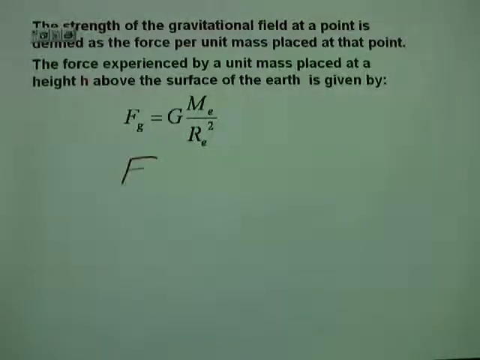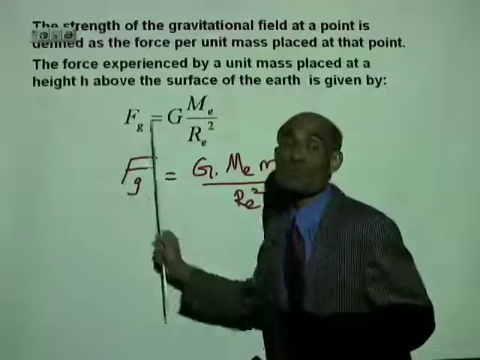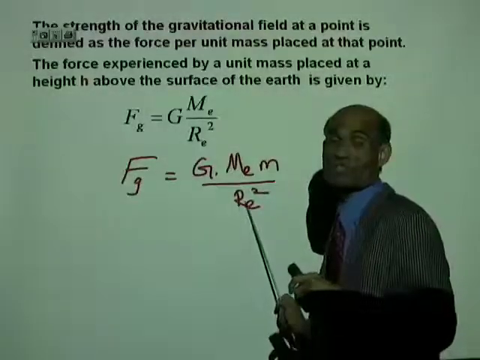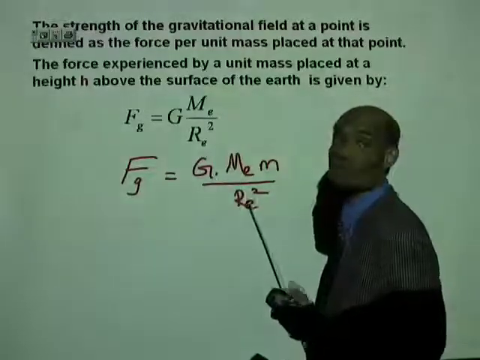If you place an object on the surface of the earth, the force of gravity on it will be F equal to G times mass of the earth times mass of the object divided by the square of the radius. So remember, we are not placing the object at a height h, we are placing the object on the surface of the earth where the distance between the center of the earth and the object is the radius.